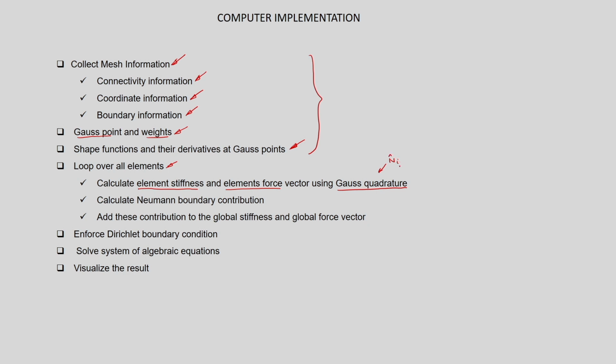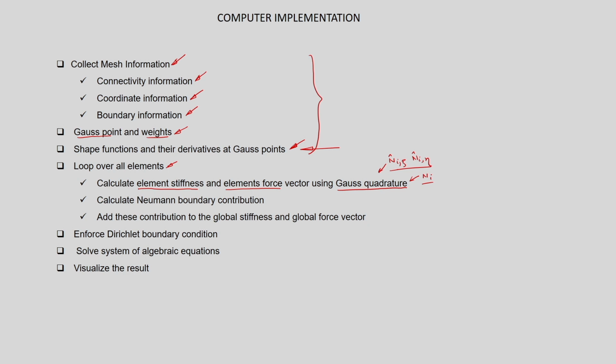So, we need N_i hat comma xi and N_i hat comma eta. So, all those derivatives we need, and we also need the values of the shape functions Ni's and Nj's. So, that we have calculated in the previous step, alright.